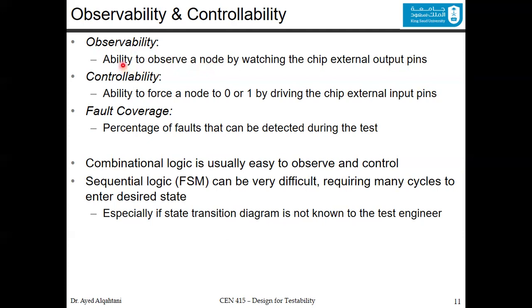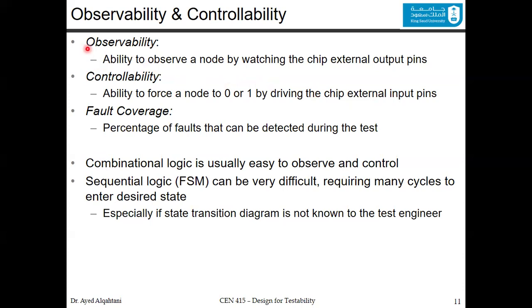So the ability to observe these internal nodes by watching the chip external output pins only is called the observability. The controllability is the ability to force an internal node to be 0 or to be 1 by driving the chip external input pins.